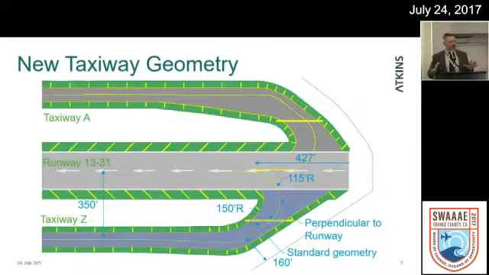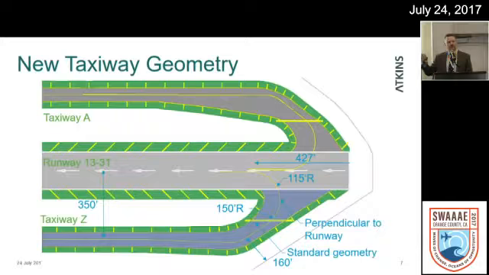So we thought we had it all figured out, right? We're good planners, we're good engineers, we're good airfield operations folks. So what we did is we relocated the taxiway center line to have 160 feet from our fence line. So we've got a standard taxiway object-free area. We reduced the width of the taxiway in order to allow a turning movement.